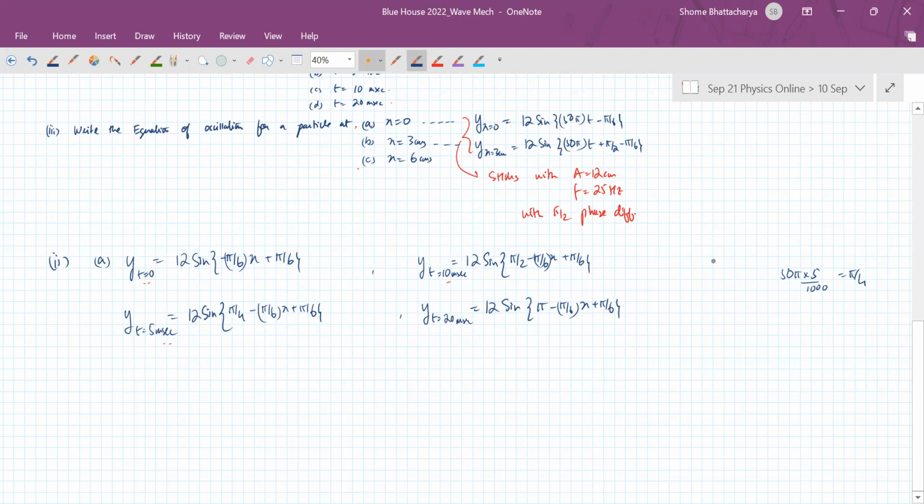I can also see one thing over here, that the frequency for this particular wave was 25 hertz, so the time period of oscillation is 40 milliseconds.